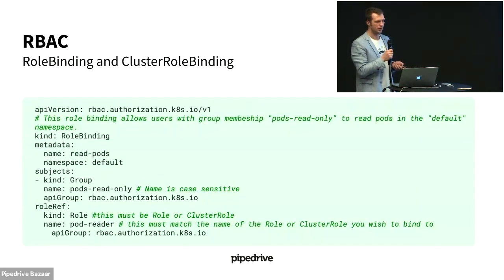So if you have roles defined, to be actually authorized to do something, you have to map. So in that context, it means binding. So either a namespace binding, or you have a binding which authorizes access cluster wide.